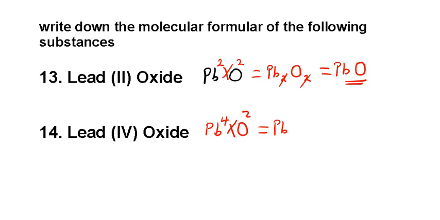So the 2 will cancel itself, we have Pb, we cancel 4, and we now have oxygen 2, that's 2 atoms of oxygen. So this now gives us PbO2, lead(IV) oxide.